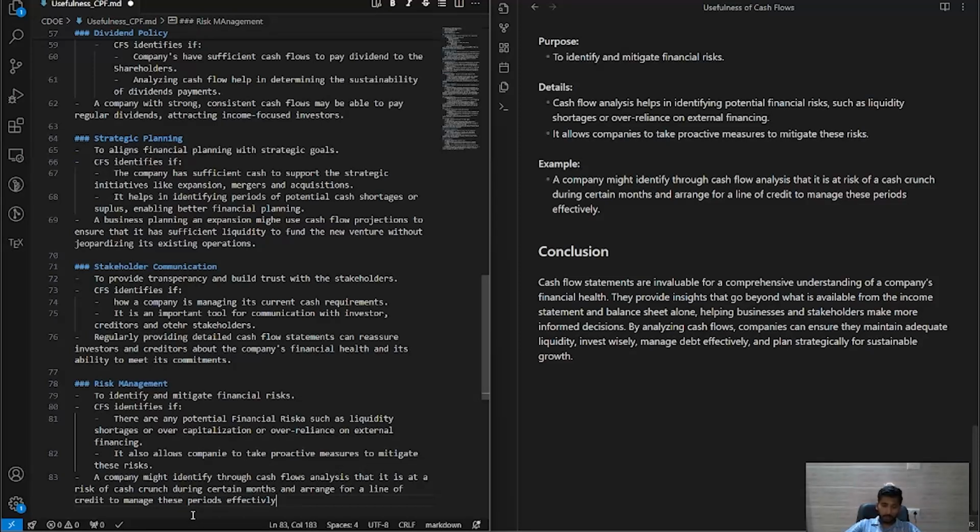If they know about the cash requirements generated from the investing, operating, and the financing activities of their cash flow statements.